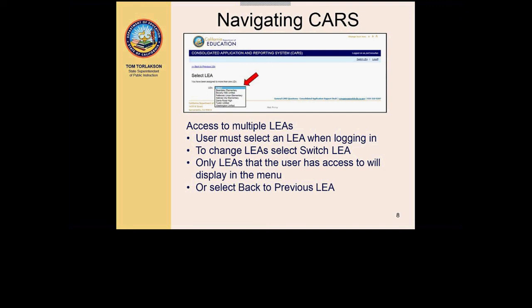Only LEAs that the user has been granted access to will be included in the drop-down list. Roles assigned to a user are LEA specific, so a user may have only General Staff access for Beverly Hills Unified and can have all roles assigned for Fallbrook Union Elementary, or the user can go back to the previous LEA.